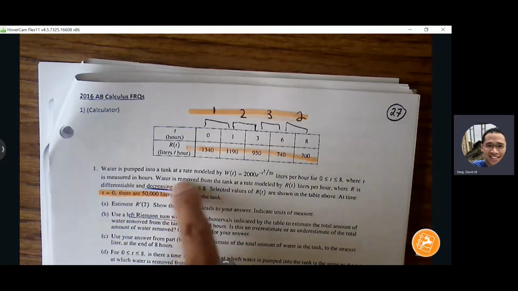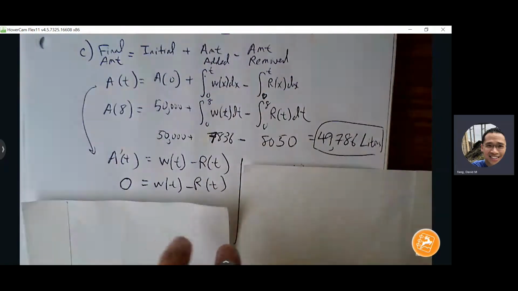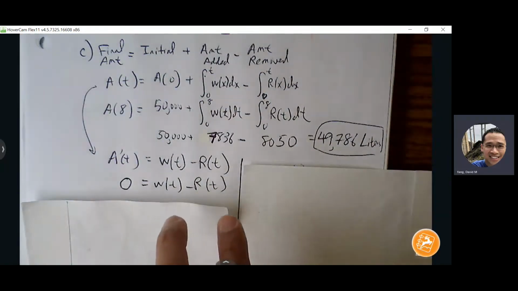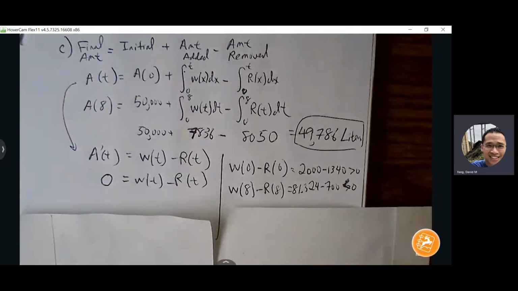Well, we do know that this is a continuous function. And maybe what we can do is find what's happening at the endpoints, right? The idea is that if I find the rate at which the water level is changing at the beginning and at the end, maybe I can gather some information.